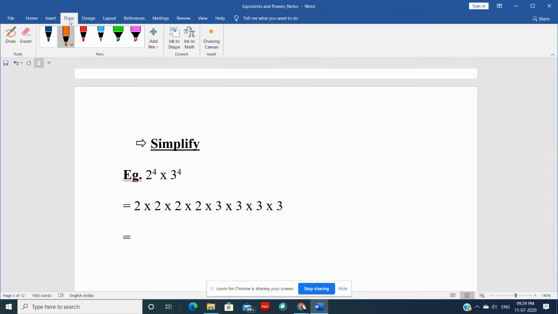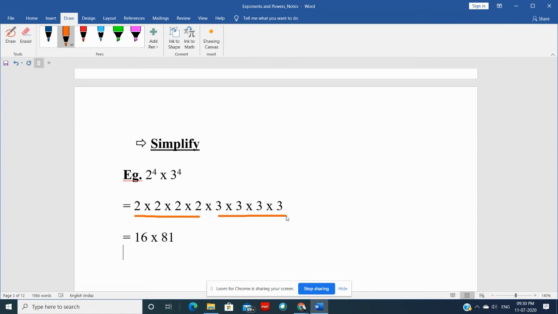Now, if you multiply these, 2 twos are 4, 4 twos are 8, 8 twos are 16. So you'll just write 16 into, and then this number. 3 threes are 9, 9 threes are 27, 27 threes are 81.